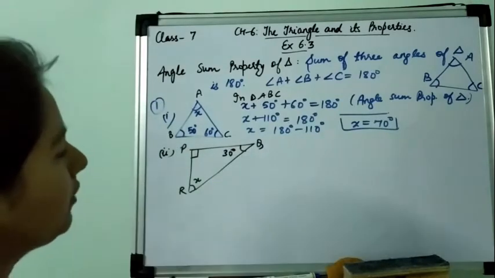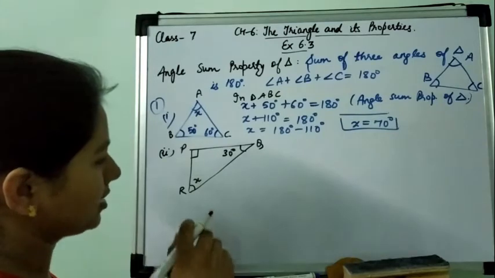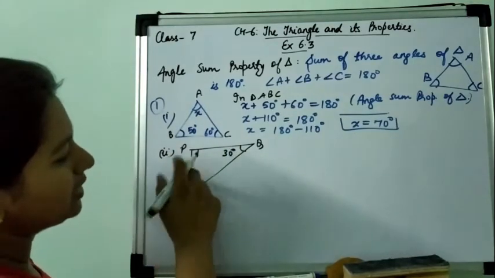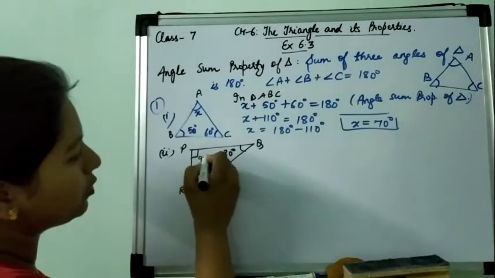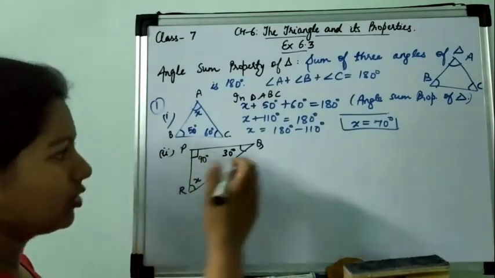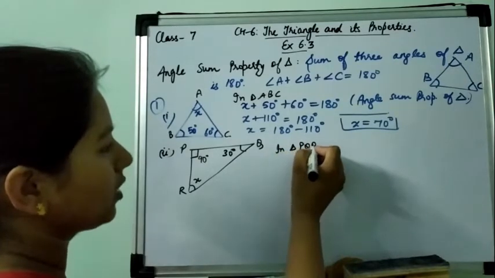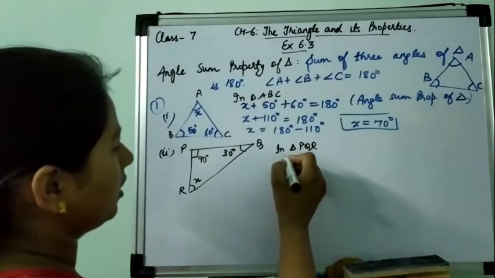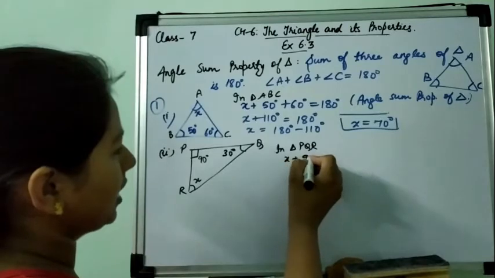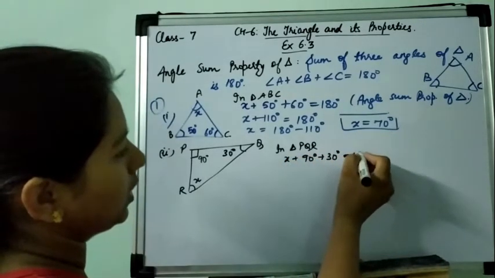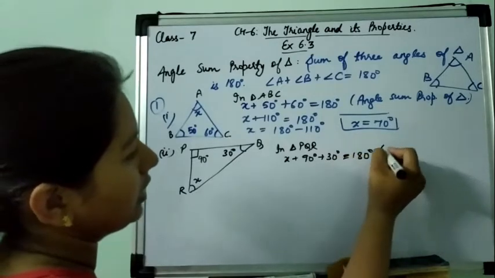What do we have to find? We have to find the value of x. So again, what does this sign mean? This sign means that angle P is equal to 90 degrees. So how will I write? In triangle PQR, x plus 90 degrees plus 30 degrees is equal to 180 degrees.